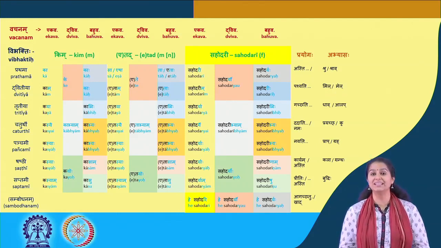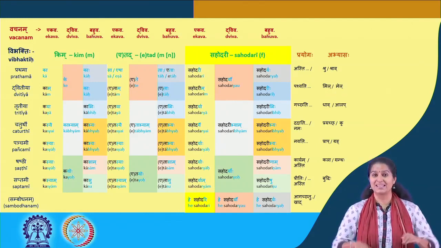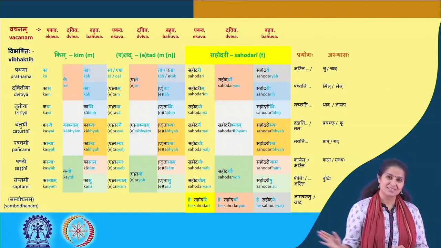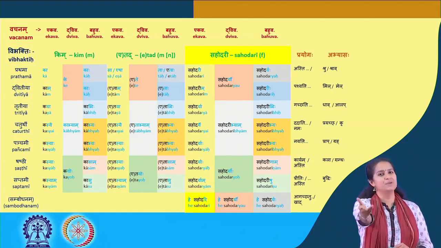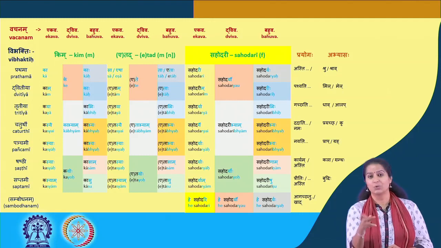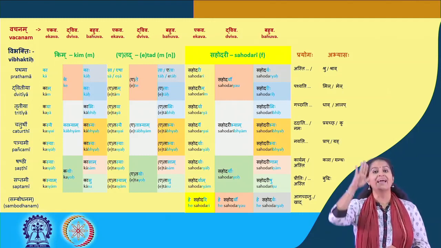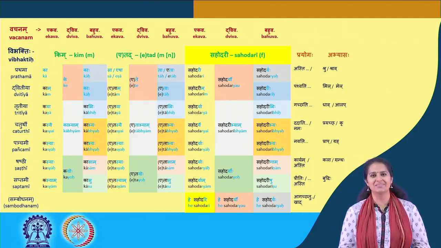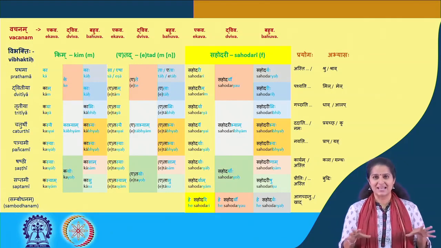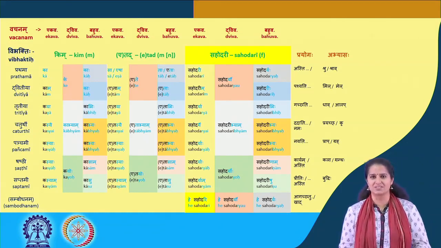The word sahodari, so sahodaryau, sahodaribhyam, sahodaryoho, he sahodaryau. Uttamam. So practice that, pause when you have some more leisure and go through that in different modes and combinations. Alright.